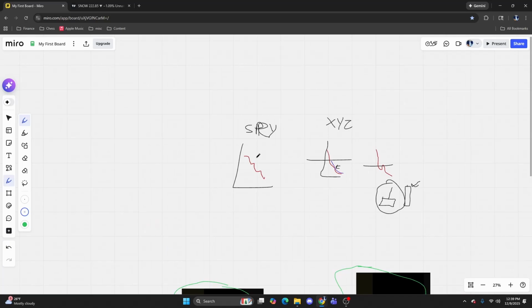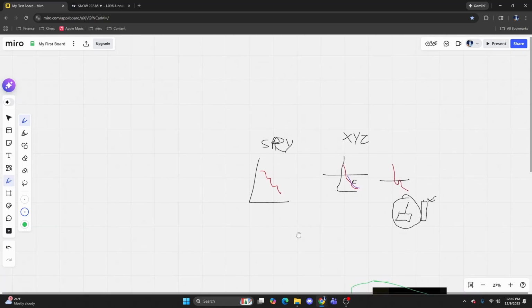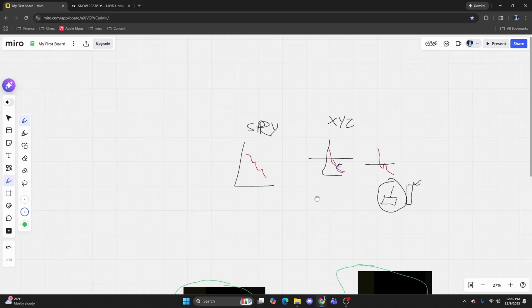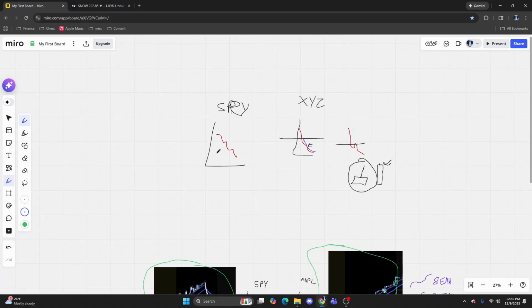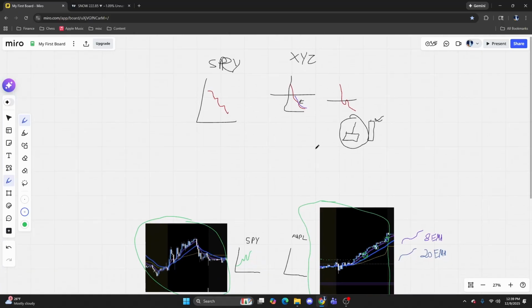All right, so if there's no big news or catalyst, then usually you want to find a ticker with relative weakness because it will be a higher probability setup for a stock to continue downwards or upwards.